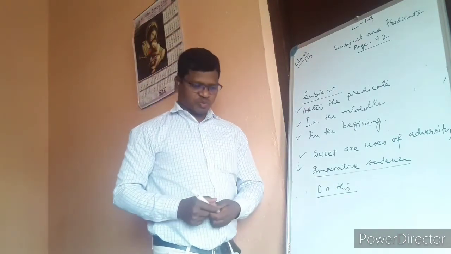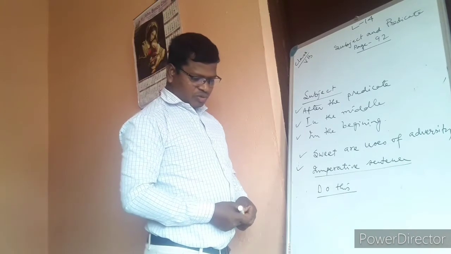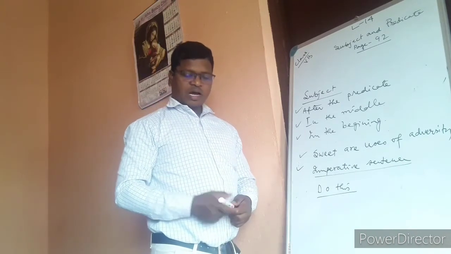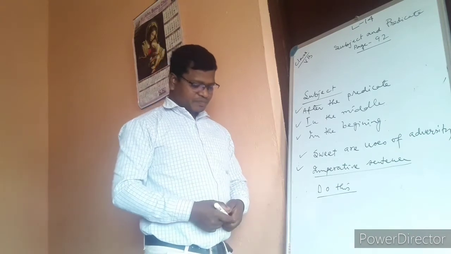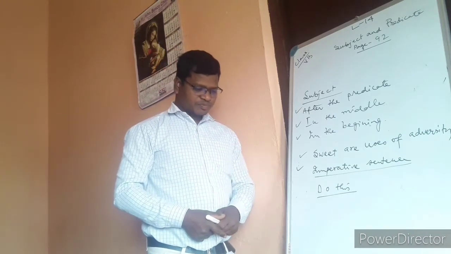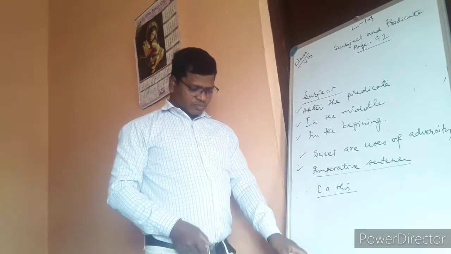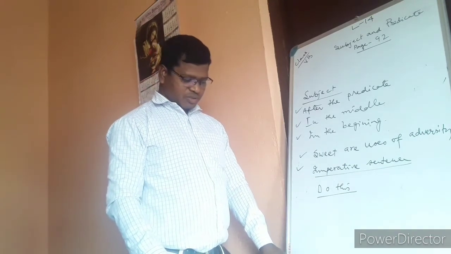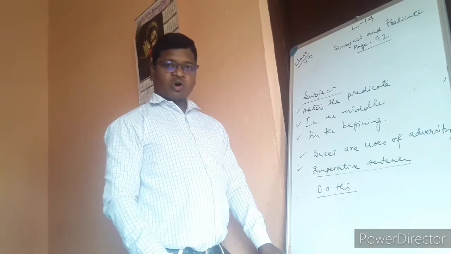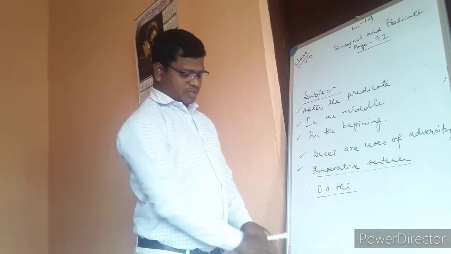Suppose I say, thank you. Here the subject I is understood. So I am thanking somebody. So remember all these things. So this is all about the subject, and now we will move on to the predicate.